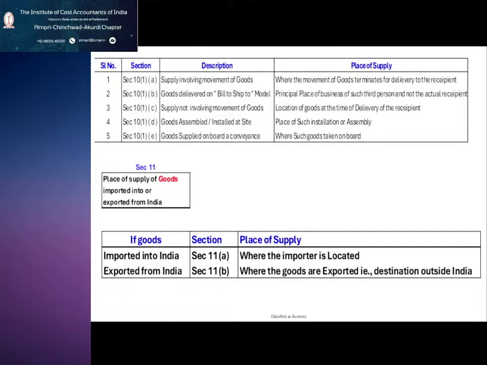Whenever you are importing any goods into India, the place of supply is where the importer is located. If the goods are exported from India, the place of supply is where the goods are exported, that is, the destination outside India.